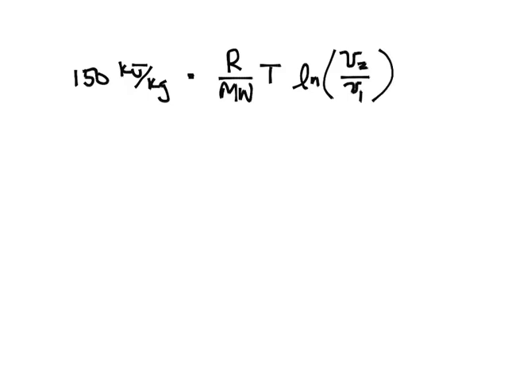Okay, so we know a few things here. We know our universal gas constant, we know our molecular weight, we know the temperature at which this process takes place. So the only thing we need left in order to find V2 is V1.